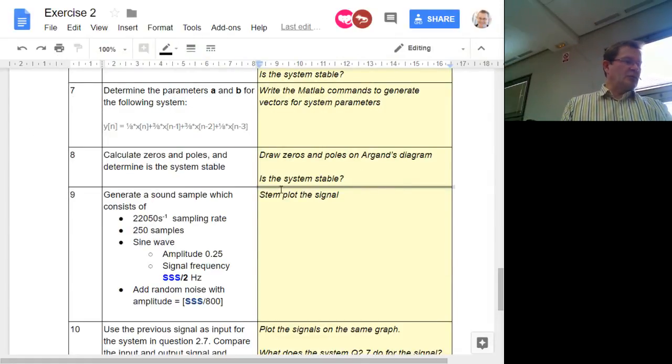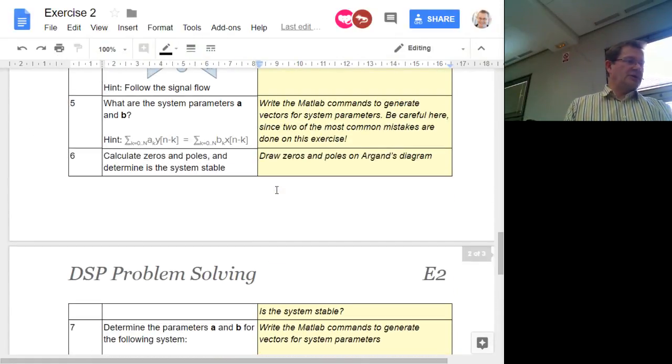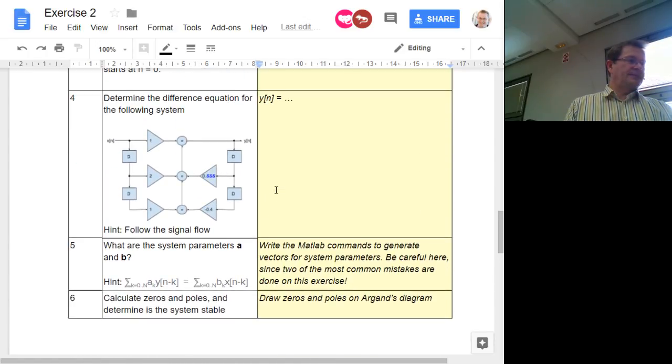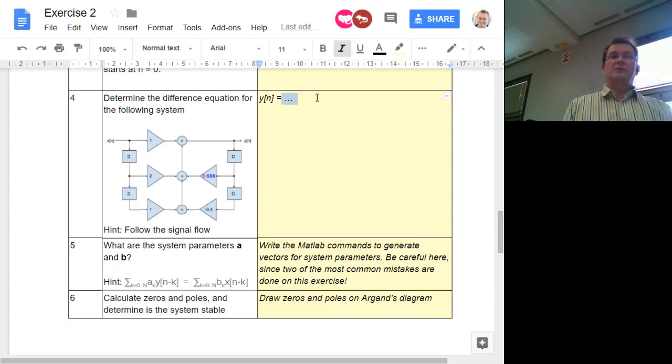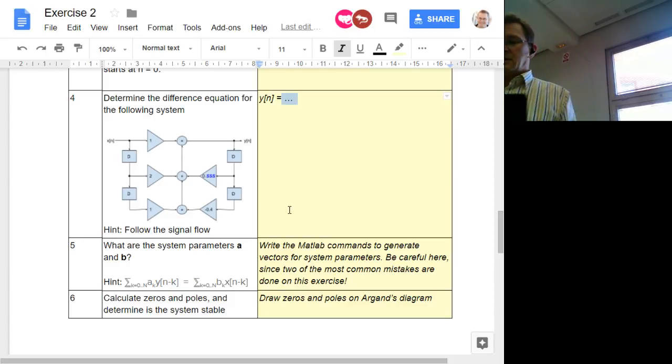So let's take a quick look at how to actually handle the system. Determine the difference equation for the following system, and on that one you would just write the coefficients. But I had a nice system already here. Let me go and take it from somewhere.